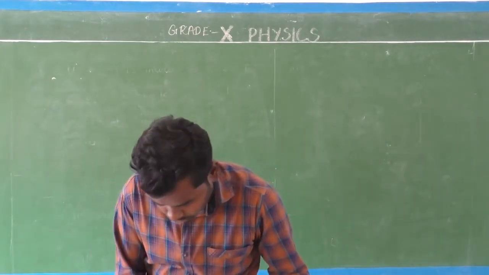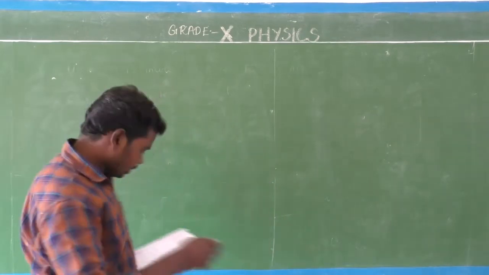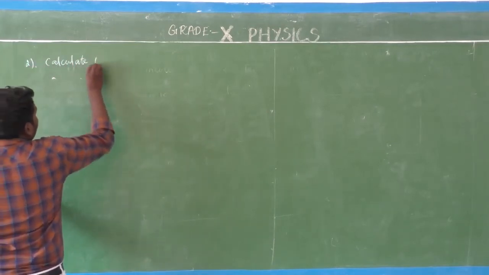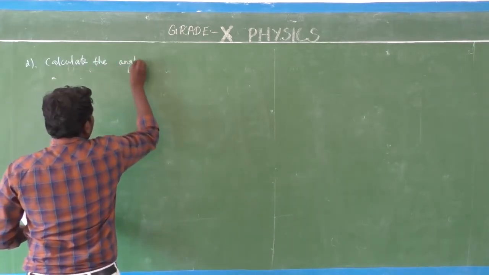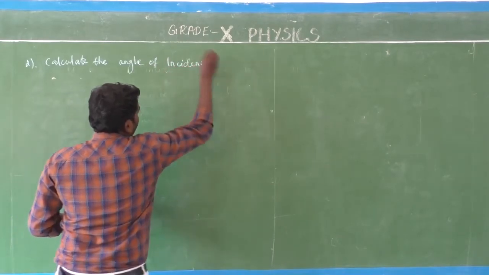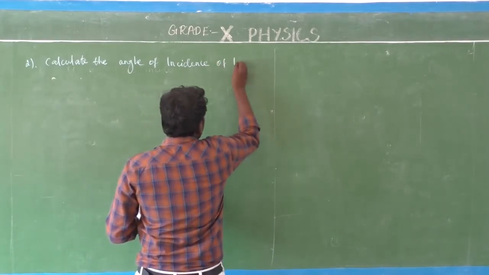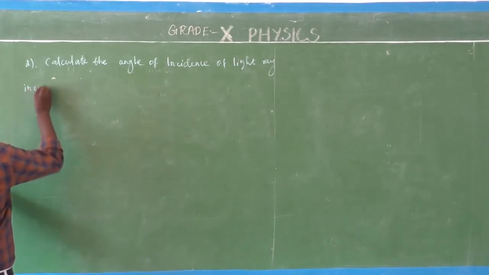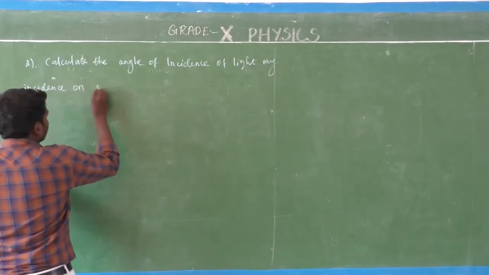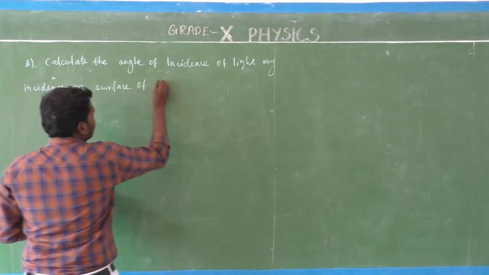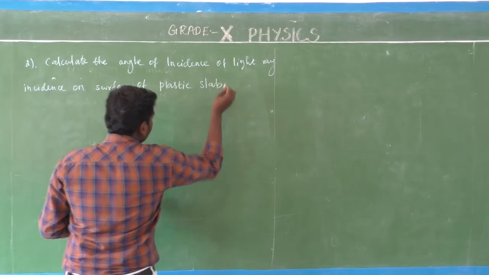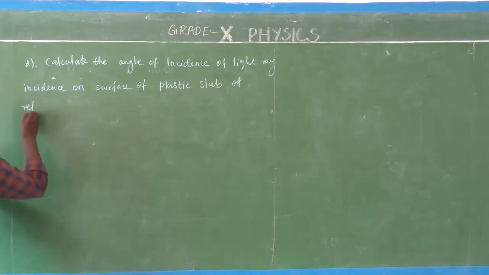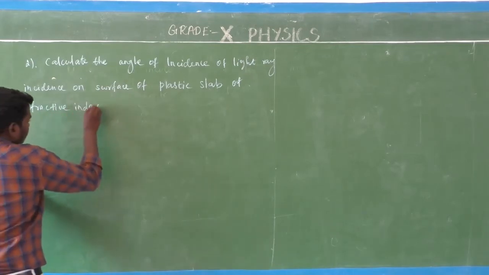Okay, second numerical. Look at here. Calculate the angle of incidence of the light ray incident on the surface of a plastic slab of refractive index √3.